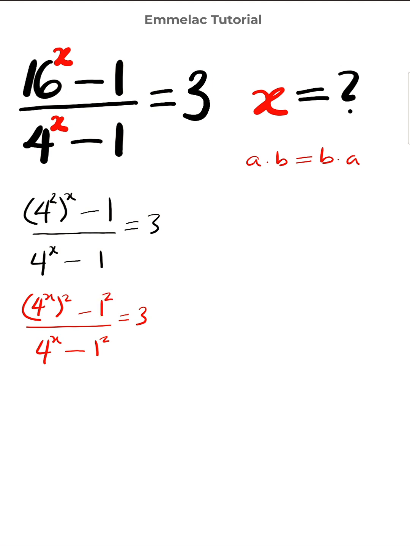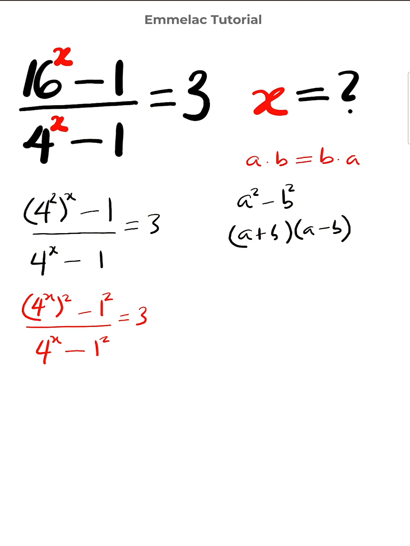Which helps me recall the difference of two squares. And for the difference of two squares, what does that law say? That when you have a perfect square number a^2 minus b^2, this can be broken down to (a plus b) times (a minus b).